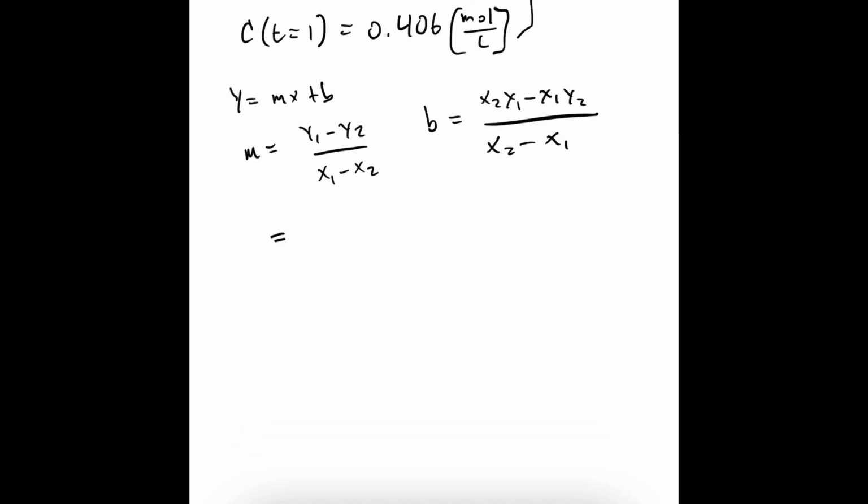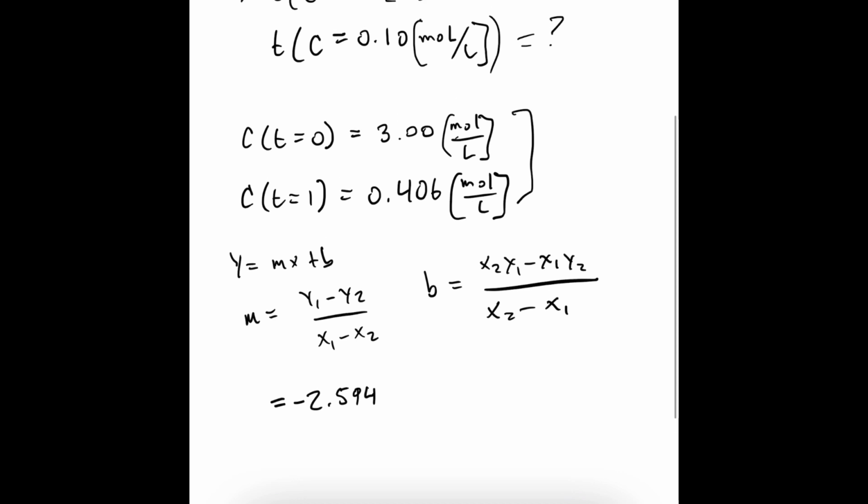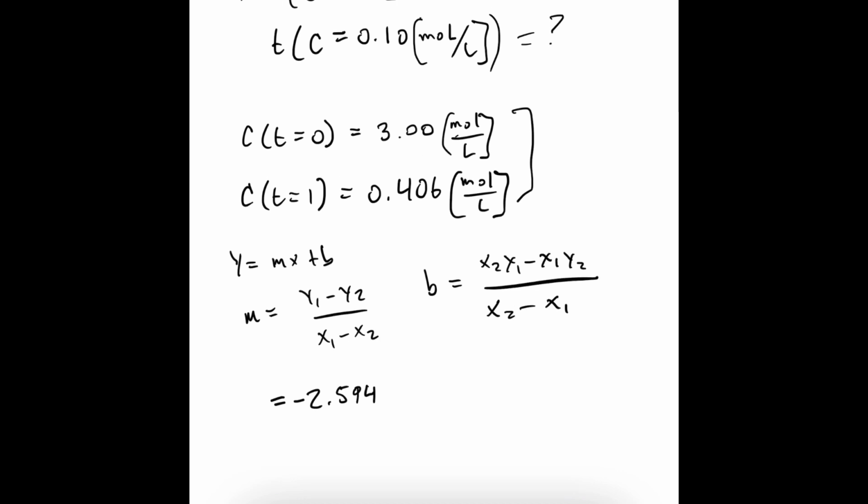So the slope of this line equals minus 2.594. Let me back up here, just so you know what y1 and y2 are. I'll color code them. Y1 is this, Y2 is this, X1 is this, and X2 is this. That's why we calculated our points.